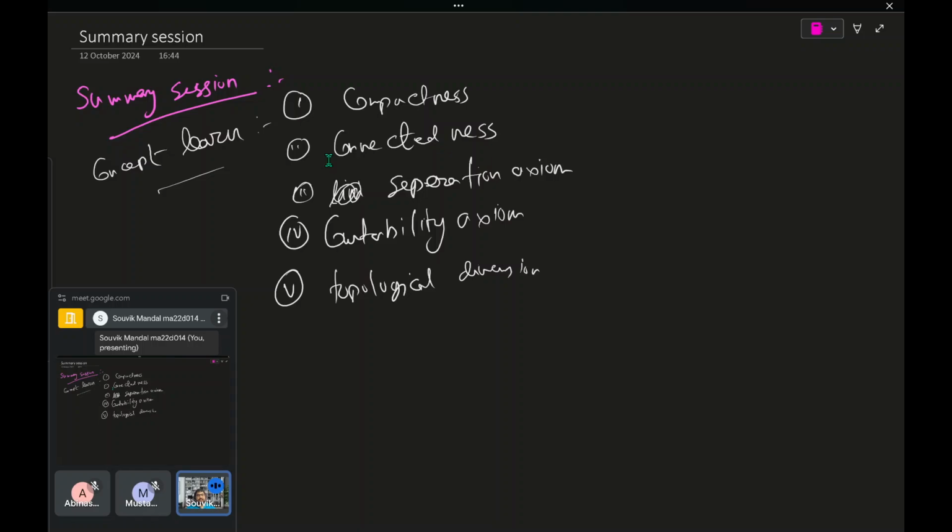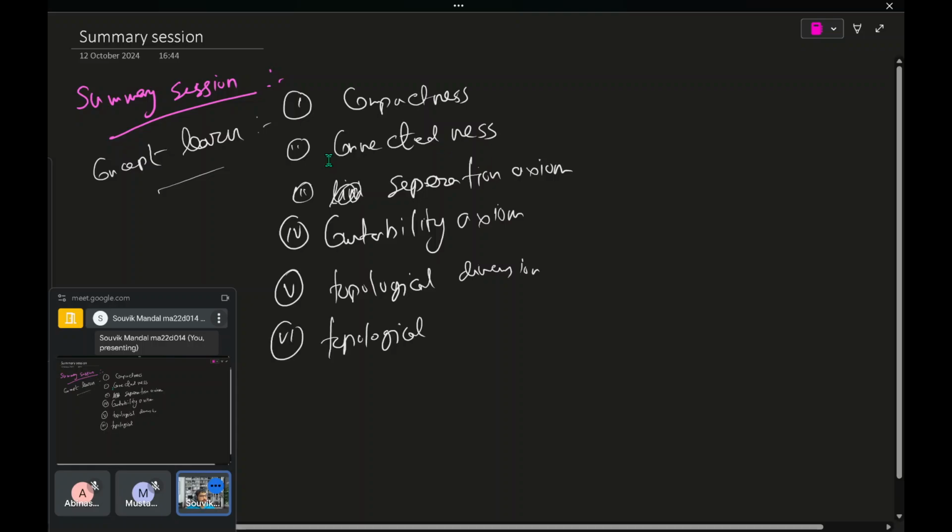More or less, these are the concepts that you have learned, and there is also something called non-linear spaces.